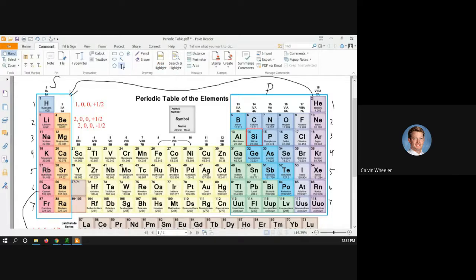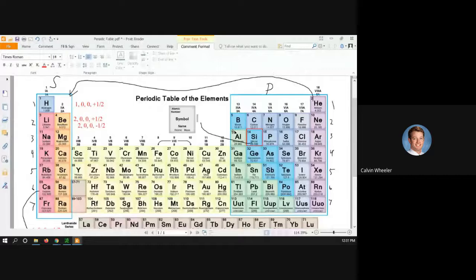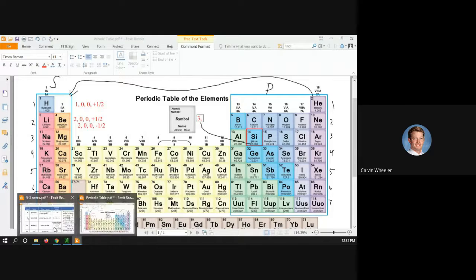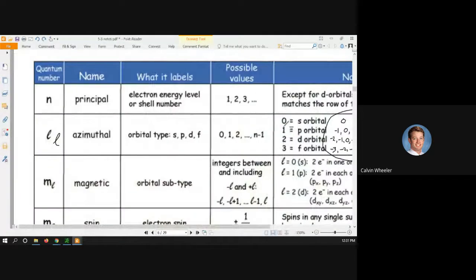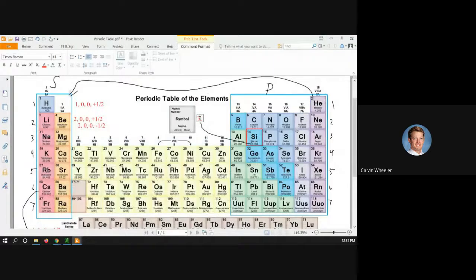Silicon quantum numbers. First one, 3. We're in the third energy level. Shape is P. P is 1, so the second quantum number is 1.